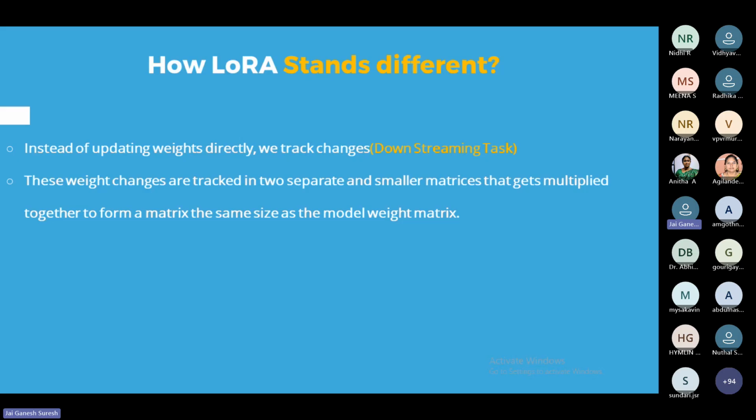Consider you have a Llama model with 100 parameters, and this Llama model is already fine tuned on finance data, medical data, and some law data. Now recently some disease came to the market, Corona. So now I want to fine tune my model with this Corona dataset.